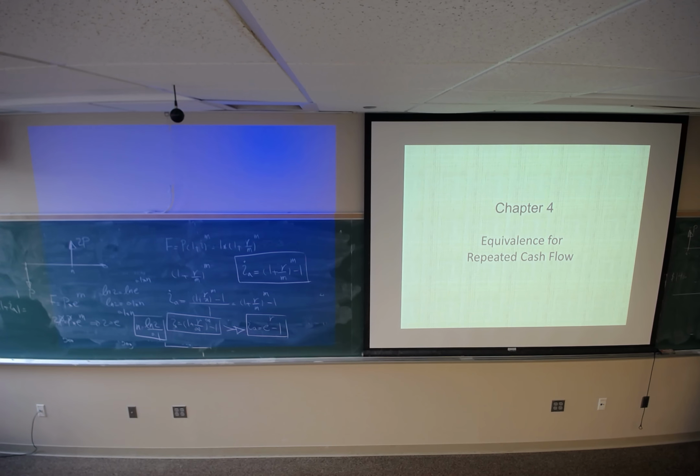If you want to draw the cash flow diagram for your payment over 30 years, you are going to pay every month. So 30 times 12 is 360. The total periods of payment is 360 months.